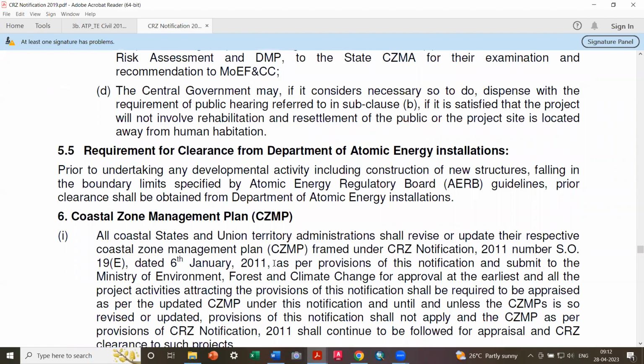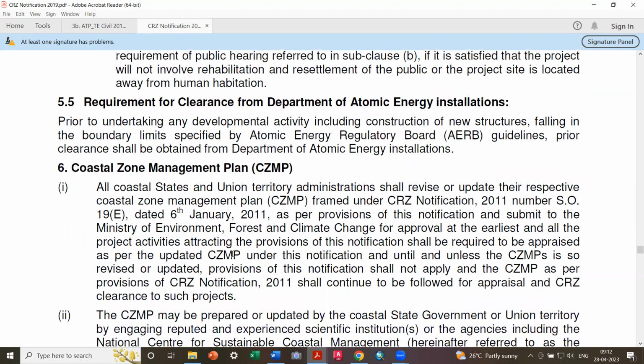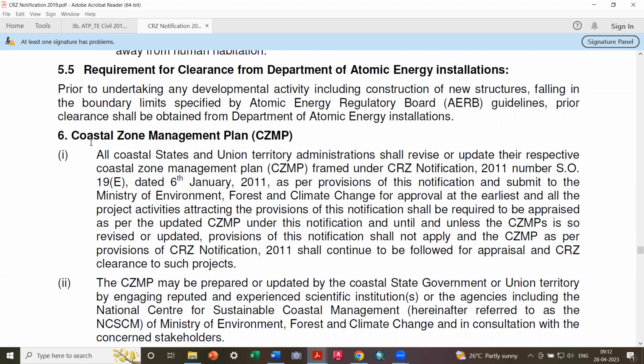Then requirement for clearance from Department of Atomic Energy Installations. And further part is CZMP, that is Coastal Zone Management Plan. A short note can be asked on what this is.